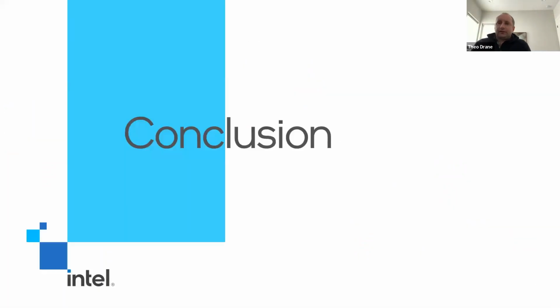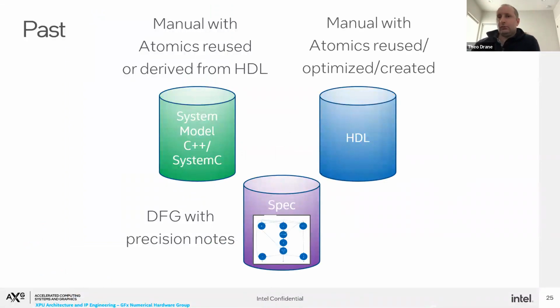Okay, so let's conclude. So the conclusion is, what is the current, past way of doing this? Just to recap. So for my interesting toy model that I had at the beginning, the algorithm is not obvious. The components you use are not obvious. The precisions, the accuracies, it's all not obvious.